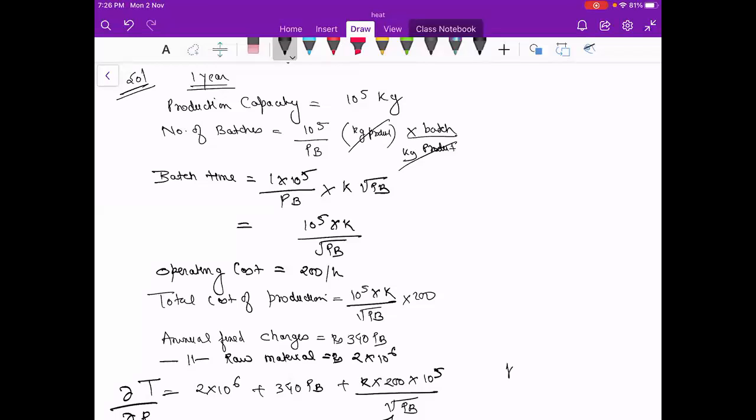K is given directly. It is one now, so you just put it one there. K equals one, it is given.